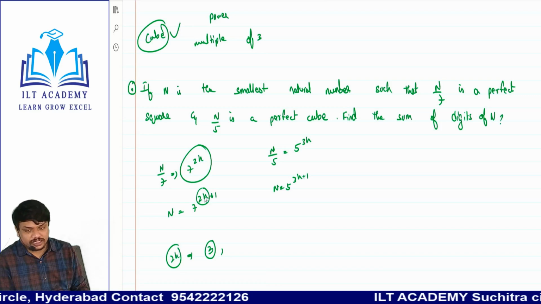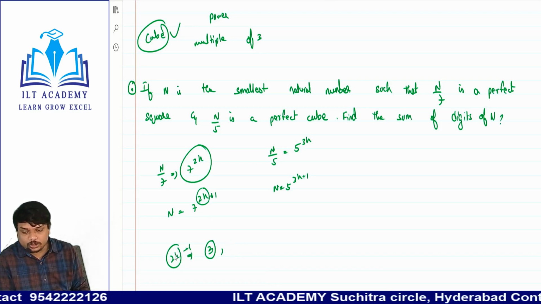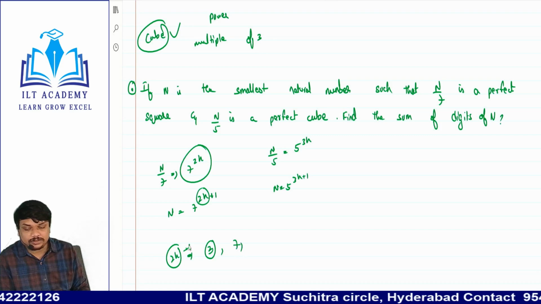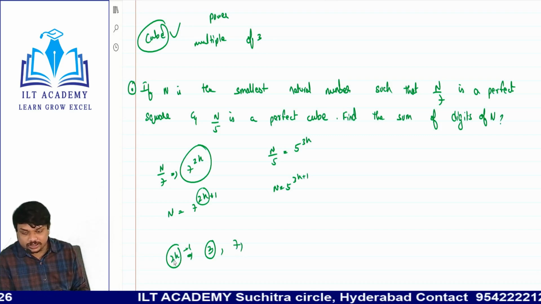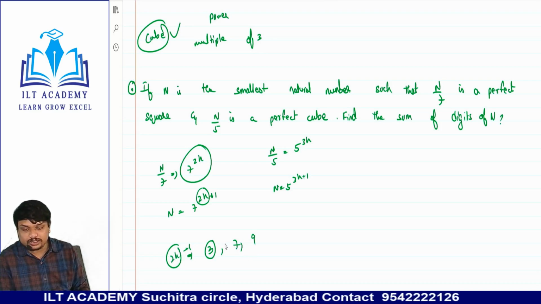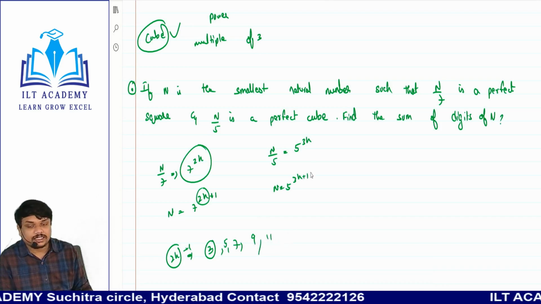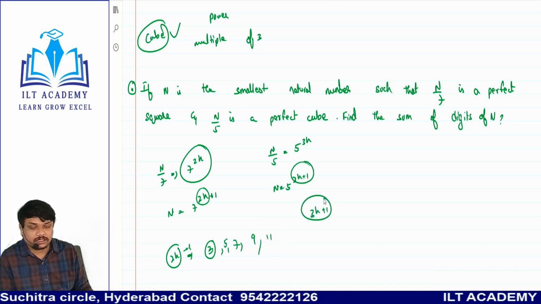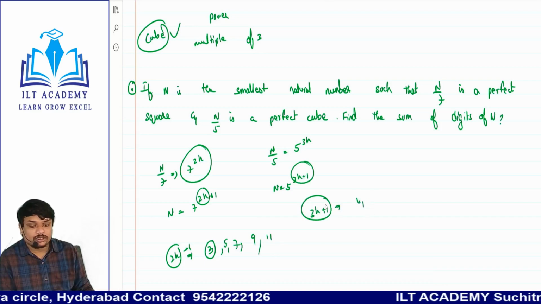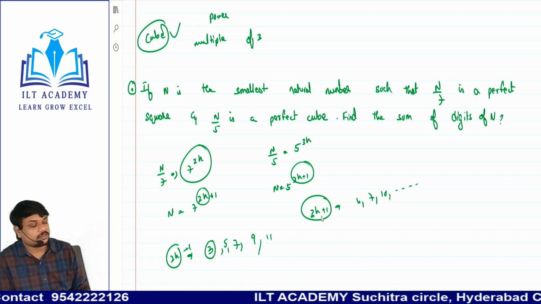Next k value 2, you will be getting 2 power 6 plus 1, 7 होता. नेक्स्ट 3 डाले तो कितना होता, 4 डाले तो 8 plus 1, 9 होता. So 3, 5, 7, 9, 11 like that. Clear? 3k plus 1 में क्या हो जाएगा, 4, 7, 10 like that. So 3k plus 1 value is this.